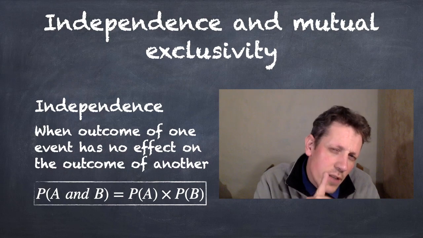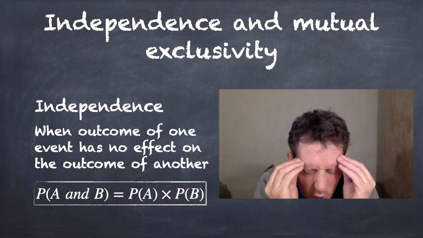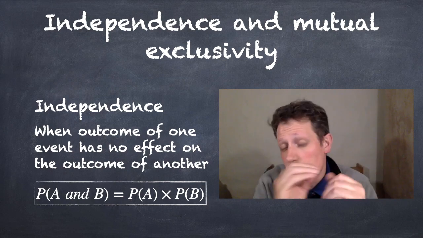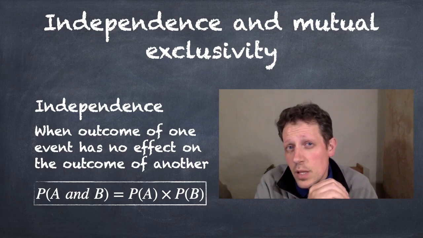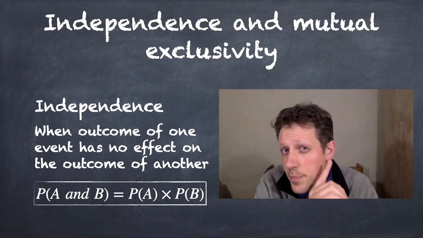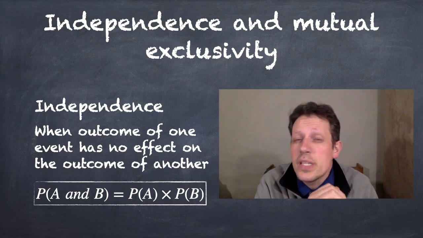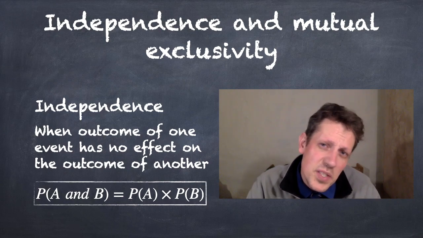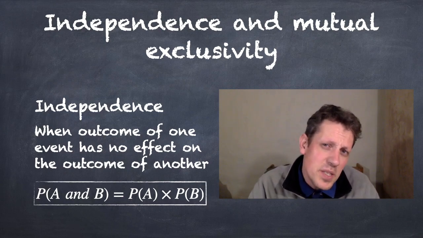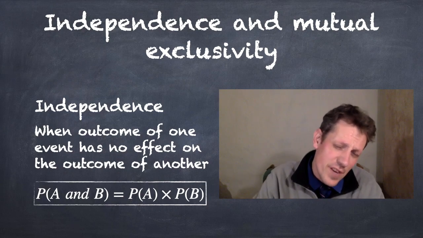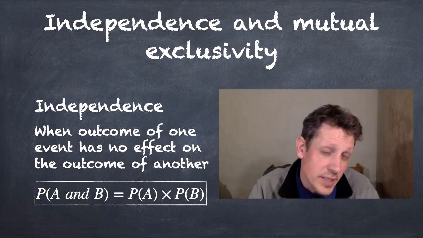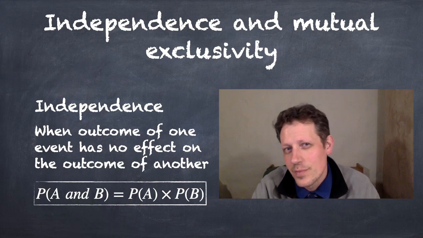Even if you say, but sir, these two events must influence one another, if you can prove that the probability of A and B is equal to the probability of A times the probability of B, then the two events are considered independent, whether you like it or not.